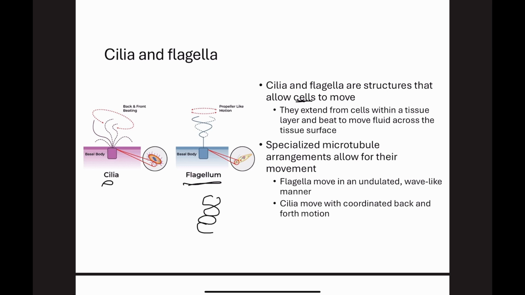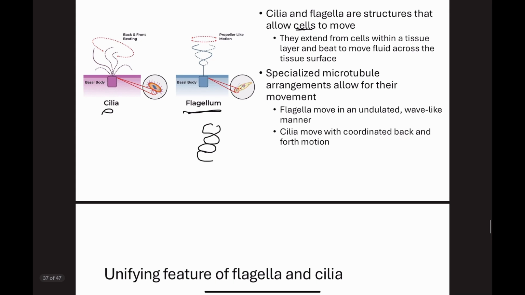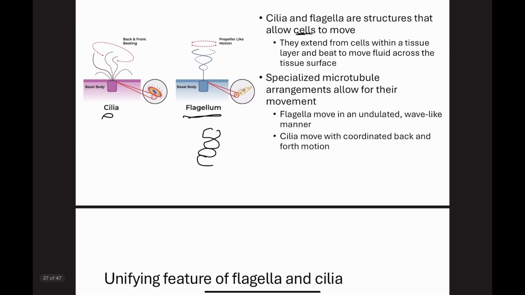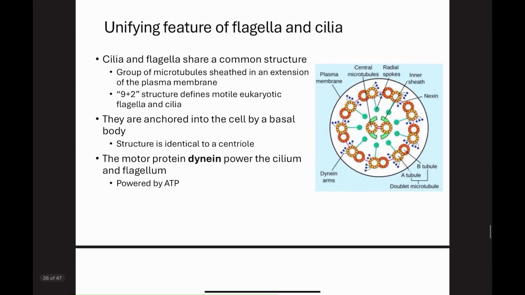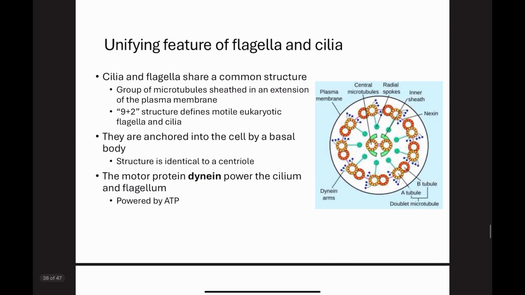So our cilia and flagella are different, okay? But they do have a unifying feature, we can say. Even though they're different, they do share this common structure, which is their microtubules.